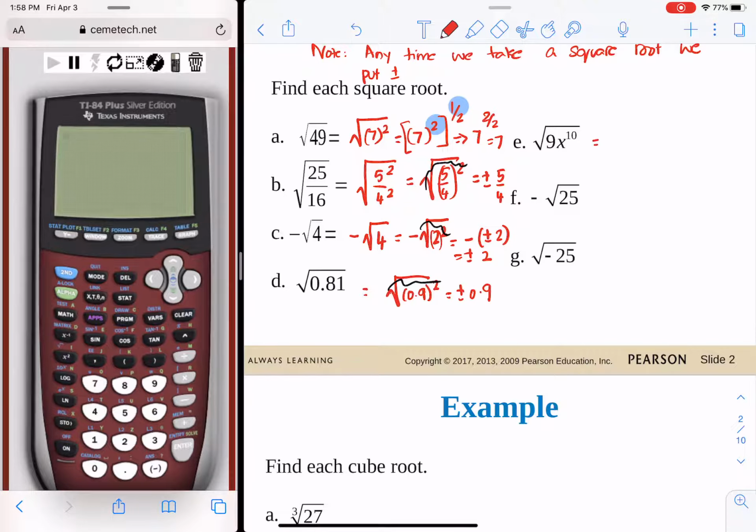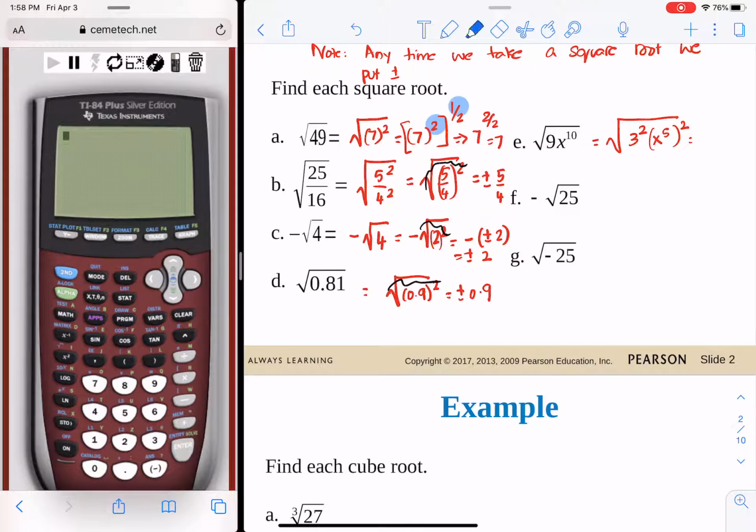Here we have an expression in part E. So first our job is to write it as a perfect square. So 9 is 3 squared, and x raised to 10, I could write it as x raised to 5 squared.